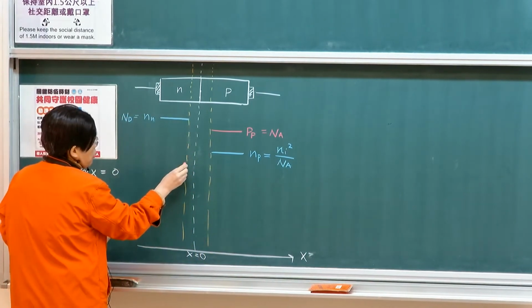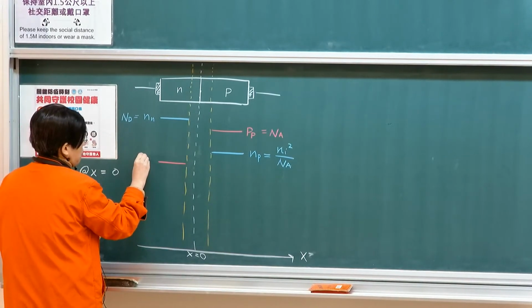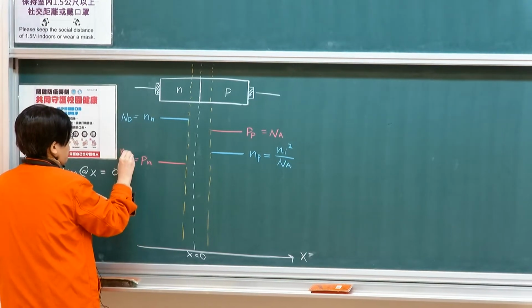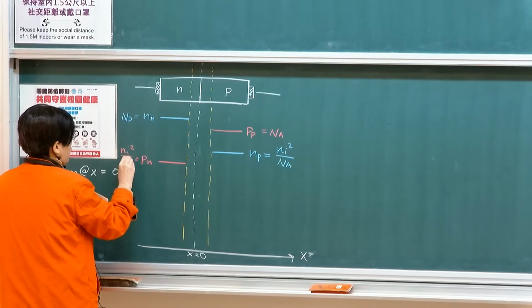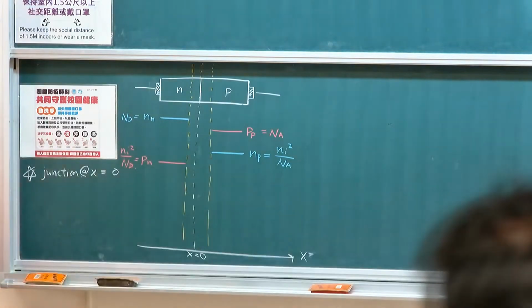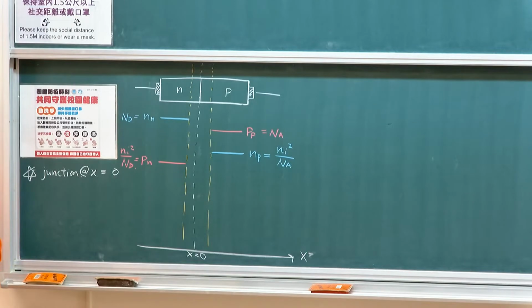On the left side, I will also have Pn, the minority carrier concentration, which is Ni squared divided by Nd. Okay? If I plot it this way, can you tell me which side is doped more heavily? This is a relative level. Which is larger, Na or Nd?